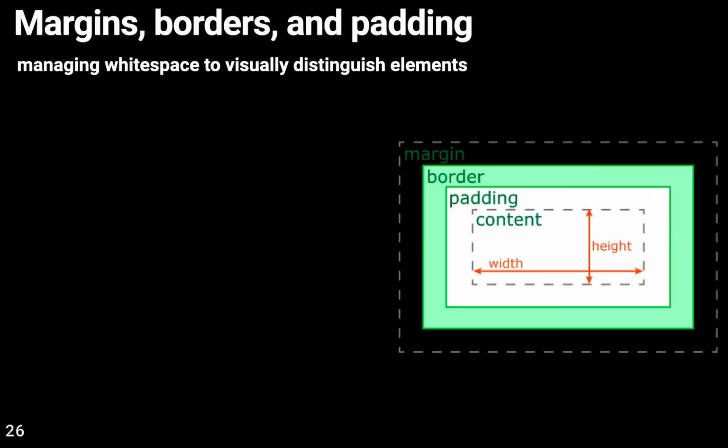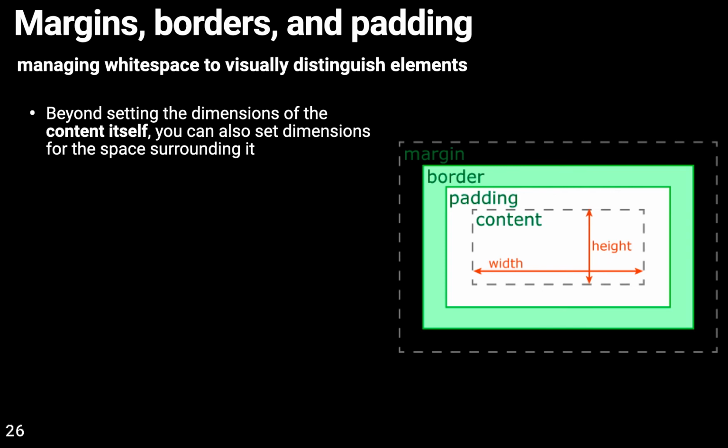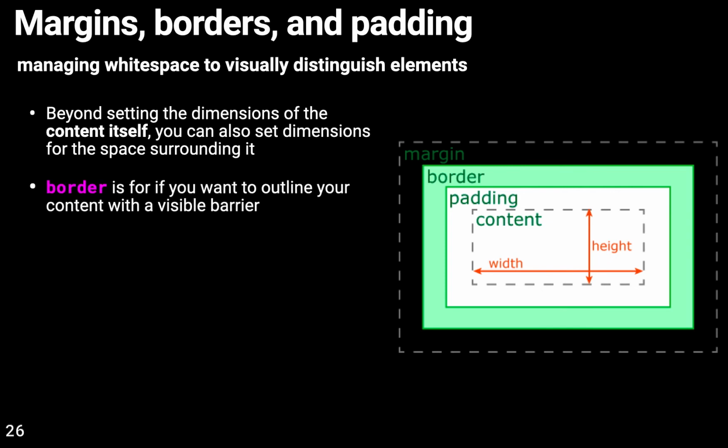Margins, borders, and padding. Now, this also uses the same dimensional structure, but now we're not talking about the size of the element alone. We're talking about the spacing around the content of an element. So, yeah, you can set the dimensions for the space. Border is for the outline of the content. So let's say in a table you want to draw clearer lines between the columns and rows, you might set up a border.